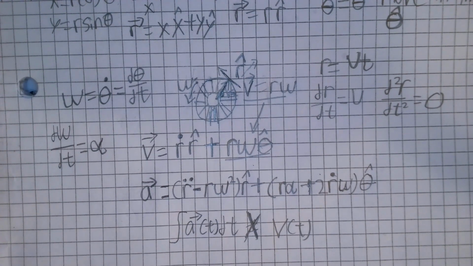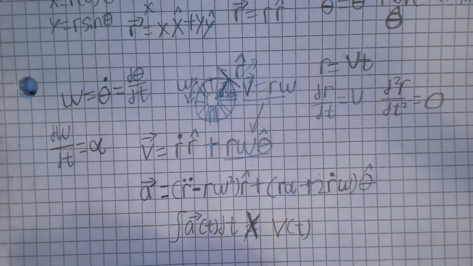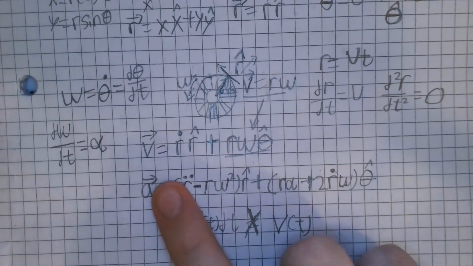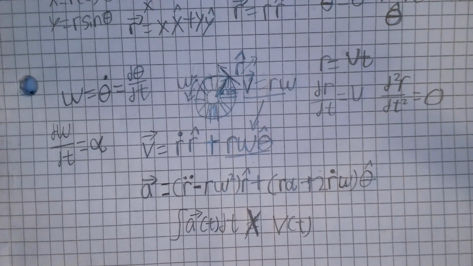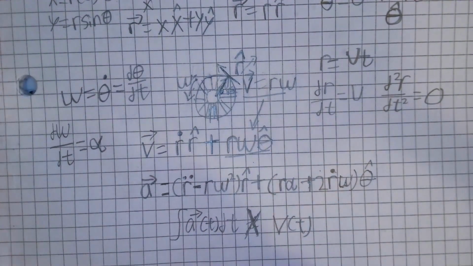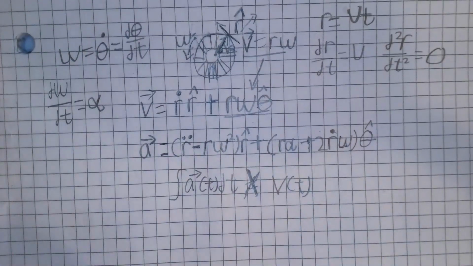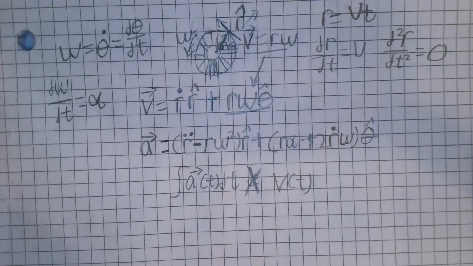Okay, but we're going to try to write a simple equation using this. If we want to write the velocity as a function of time, which will be our first step, I think we're going to write both velocity and acceleration.